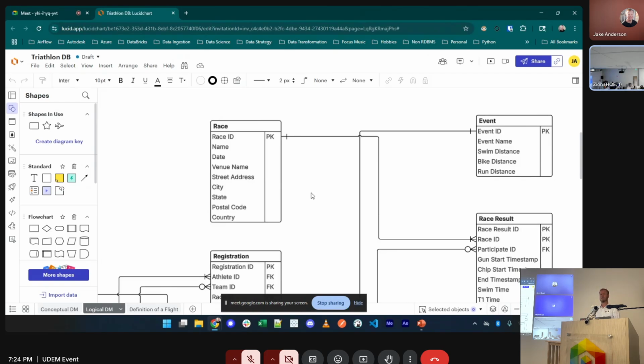Other questions? Please. Now we talk about ownership and its relation to the model. How does a logical data model help in drawing boundaries?